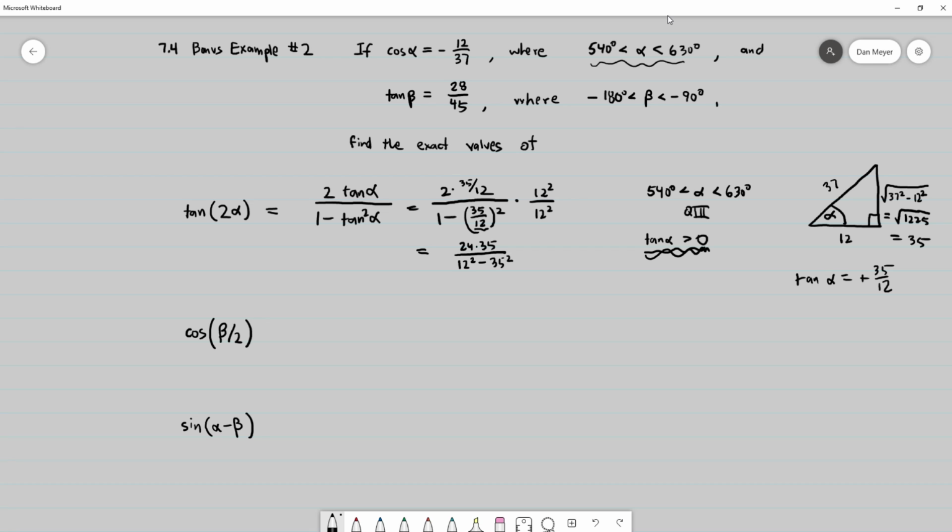Okay, let's just try to do some arithmetic without busting out our calculators. Practice doing that. 12 squared minus 35 squared. I can factor that as a difference of squares. That's 12 plus 35 times 12 minus 35, which is 47 times negative 23.